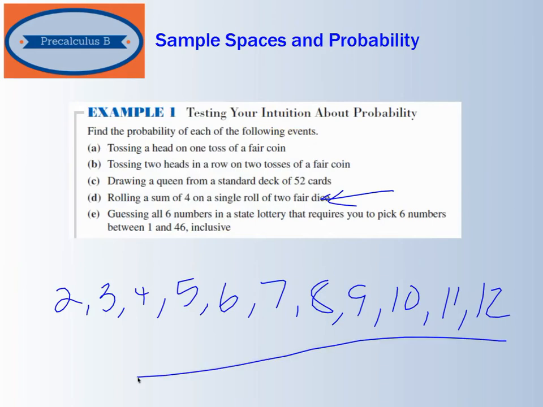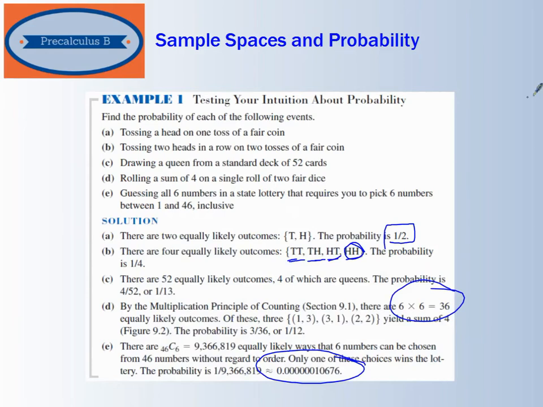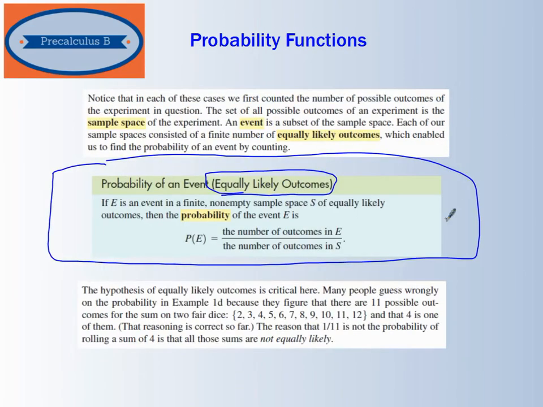There are 11 different possibilities, so getting a 4 is just 1 out of 11. Well, that doesn't work because there are only 3 ways to get a 4 when there are, for example, 6 ways to get a 7. So the chance of getting a 4 should be much smaller than the chance of getting a 7, and so on. And that's what we look at right here.